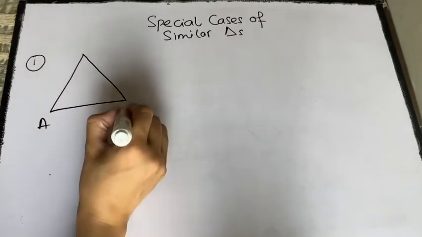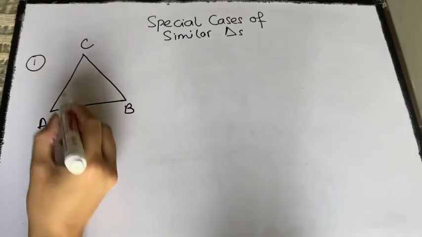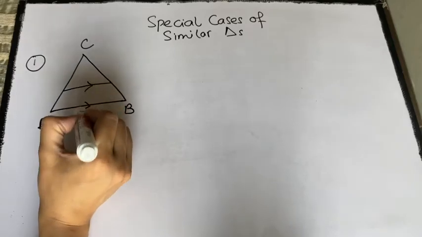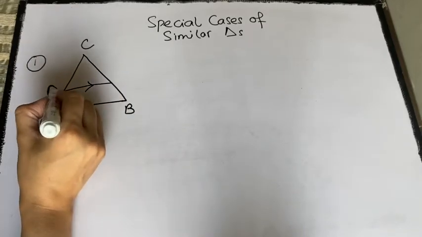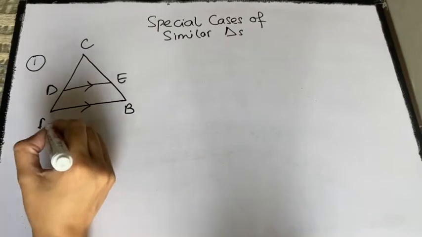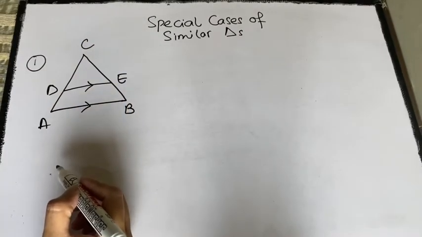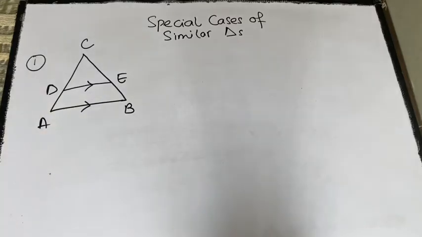If a triangle is given and you draw a parallel line inside the triangle, now you have two triangles, A, B, C, D, E, C. These two triangles are similar. How can you see that these two triangles are similar?